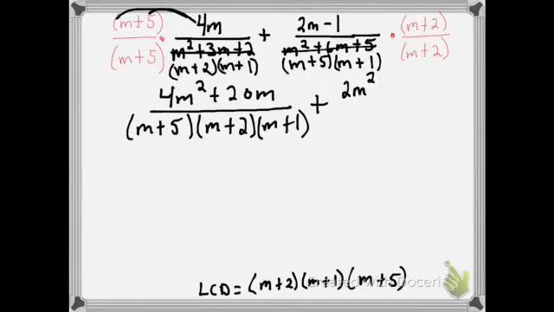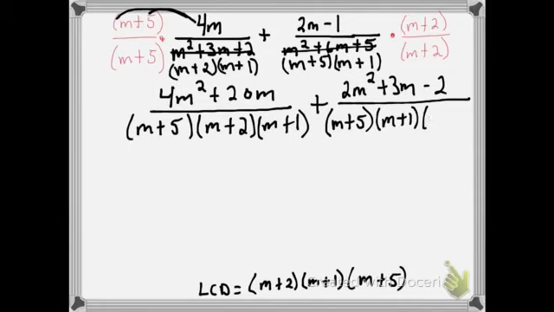When you do your outer and inner terms, the 2m times 2 is 4m, and the negative 1 times m is negative m. So 4m minus m is going to be 3m. It is positive. And then the negative 1 times 2 is negative 2. And again, all of that is still over this common denominator of m plus 5, m plus 1, and m plus 2.